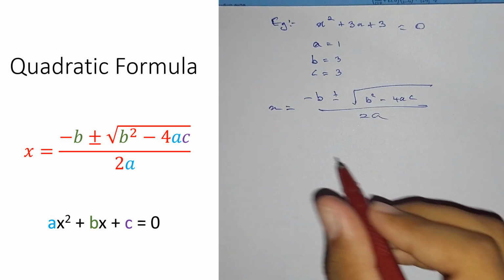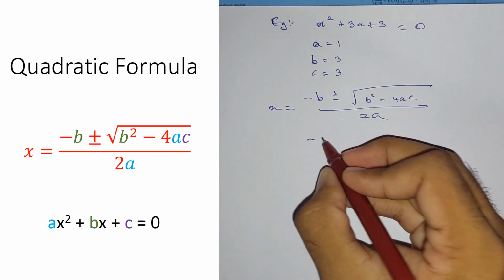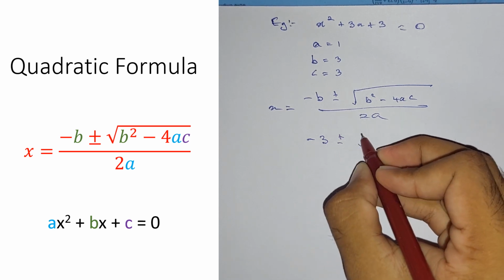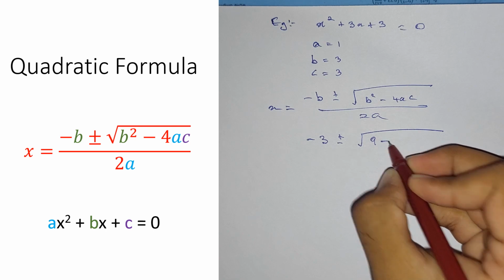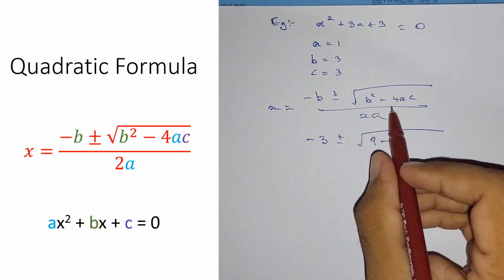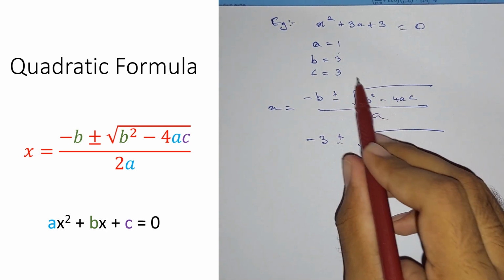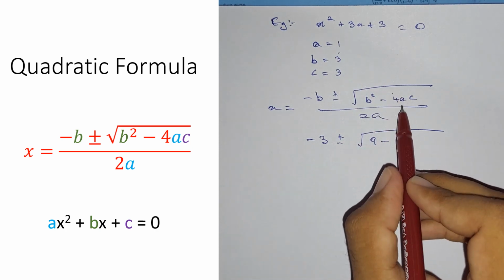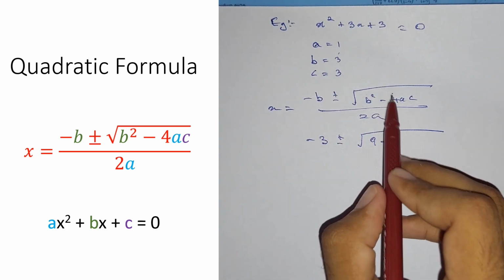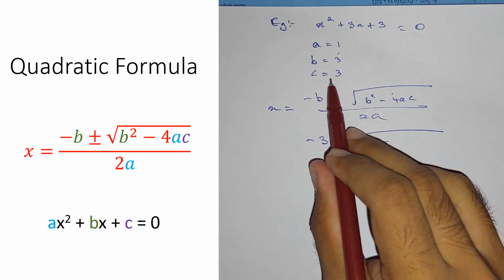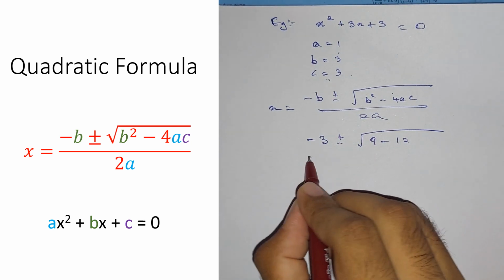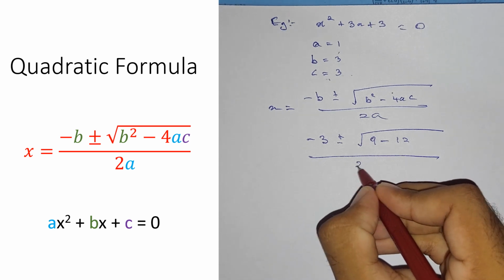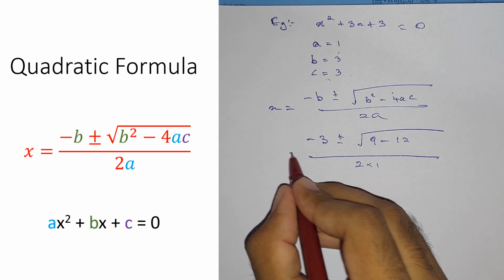So minus 3 plus or minus square root of b squared, which is 9, minus 4 into a, which is 1, is 4, and 4 times c is 12, over 2a, which is 2.